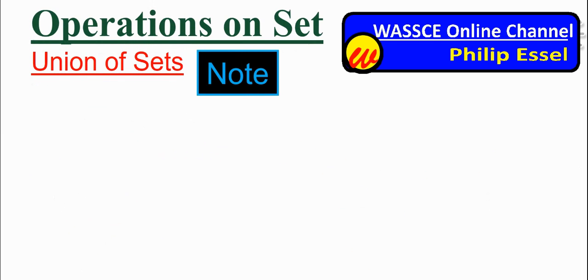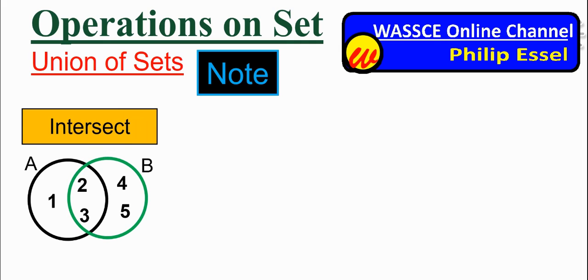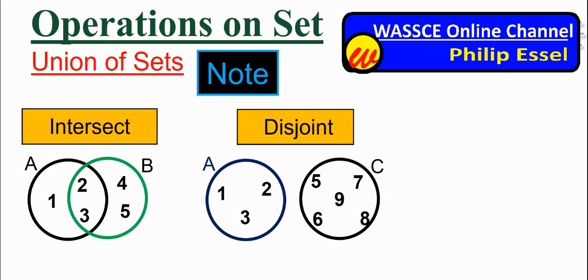Now, I'll need us to note the following about the union of sets. First, you can be asked to find the union of two sets that intersect. We've already looked at this type of union. Next, you can be asked to find the union of two sets that are disjoint. We've also already looked at this type of union.